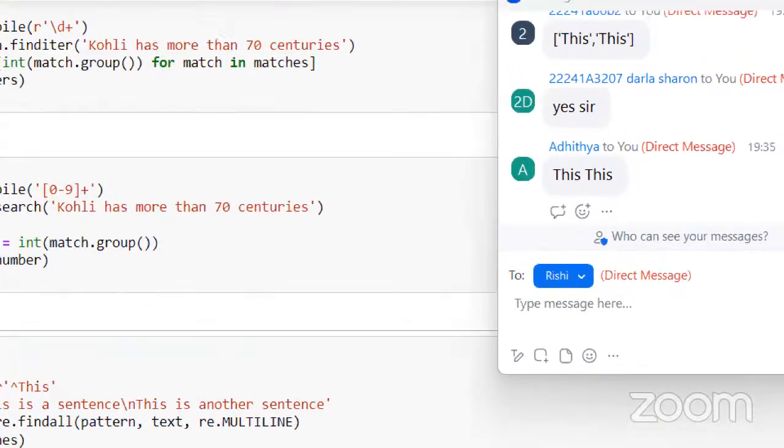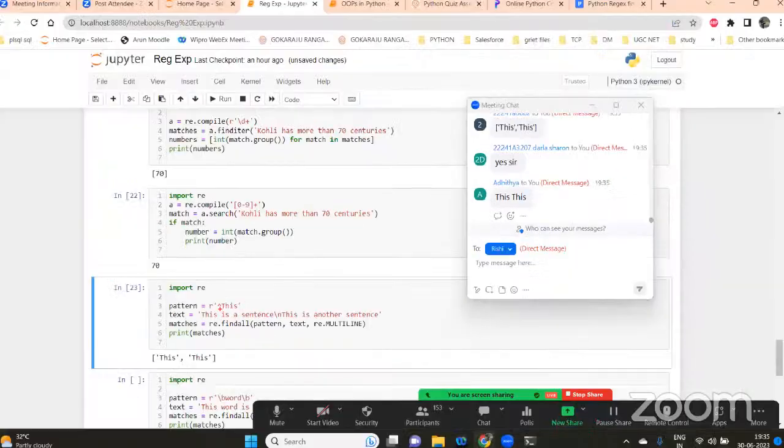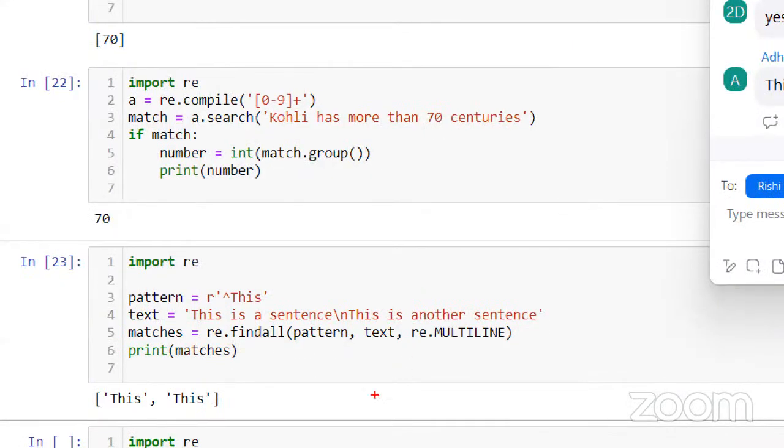Fine. So B2 roll number. How did you find this one? See, generally findall tries to find the data up to a new line, correct? If there is a new line, it will stop searching. That is generally what \n indicates.